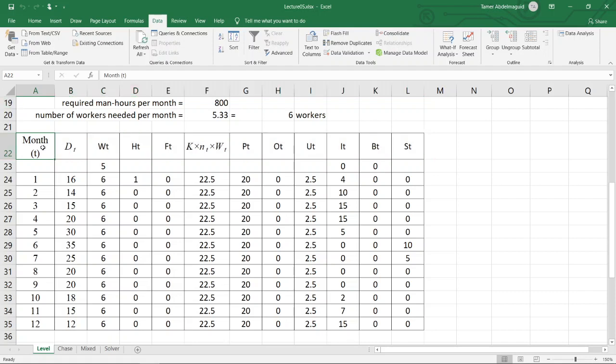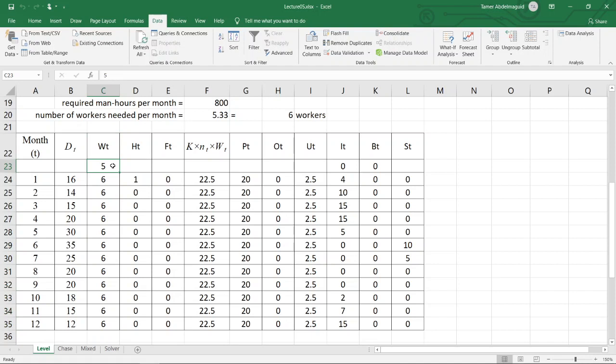We start with, of course, the index of the period, and the next column is the monthly demand. And then we have W sub t, which represents the decision variable related to the number of workers in period t. Again, we start our plan with 5 workers available.